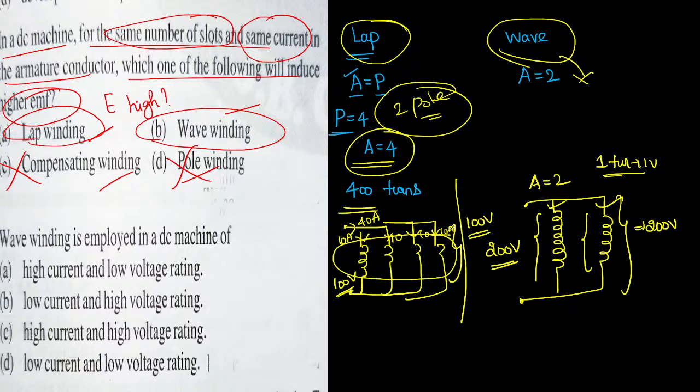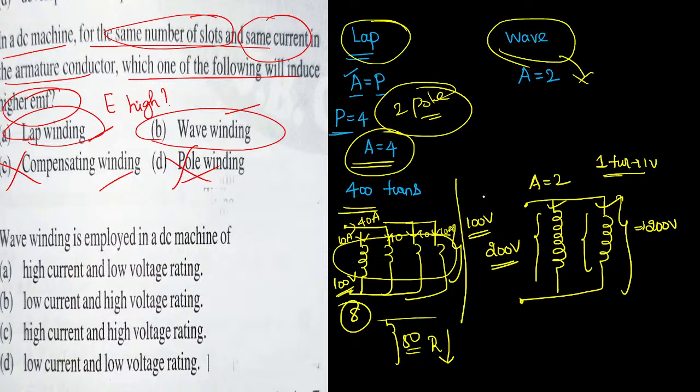If you again increase the number of poles to 8, it will be broken into 8 paths. So when you are reducing the number of turns, we divide the 400 by 8. Then each line will have only 50 turns. When you are reducing the number of turns, resistance of the coil also will decrease, such that the current carried by the coil will increase.